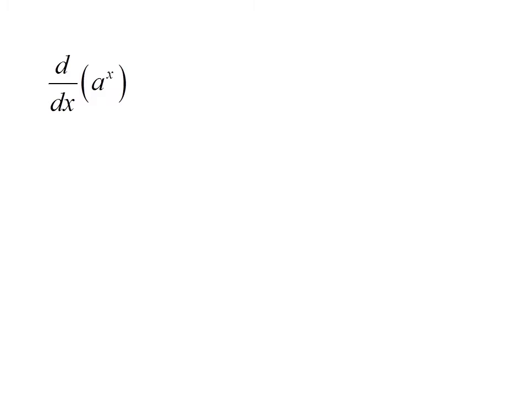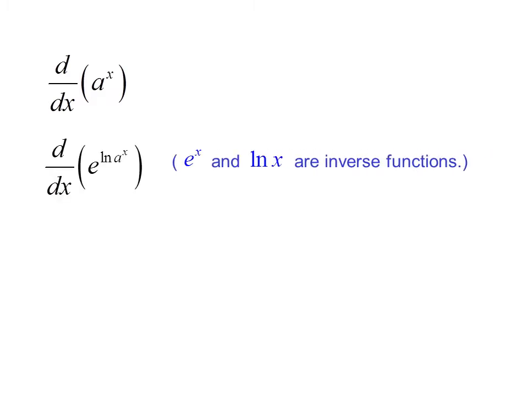So if we start with d dx a to the x, because e to the x and ln x are inverse functions, we can write this as d dx e to the ln a to the x. And because we're taking a log, we can move the exponent out in front of the log.